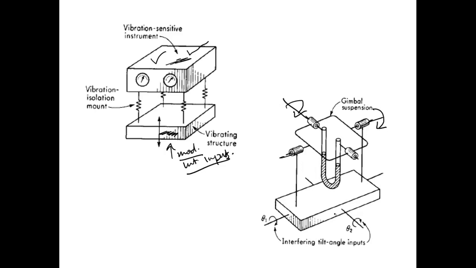So even if the base is tilted, as we have seen, based on that tilt angle we had changes in the level, even if the pressure was the same. But in this case, if the base tilts by theta 2, so this axis, phi 1 or phi 2, so if the base tilts by theta 2, this phi 2, because it's a freely moving gimbal, or you can say some revolute joint, doesn't rotate along with the structure.